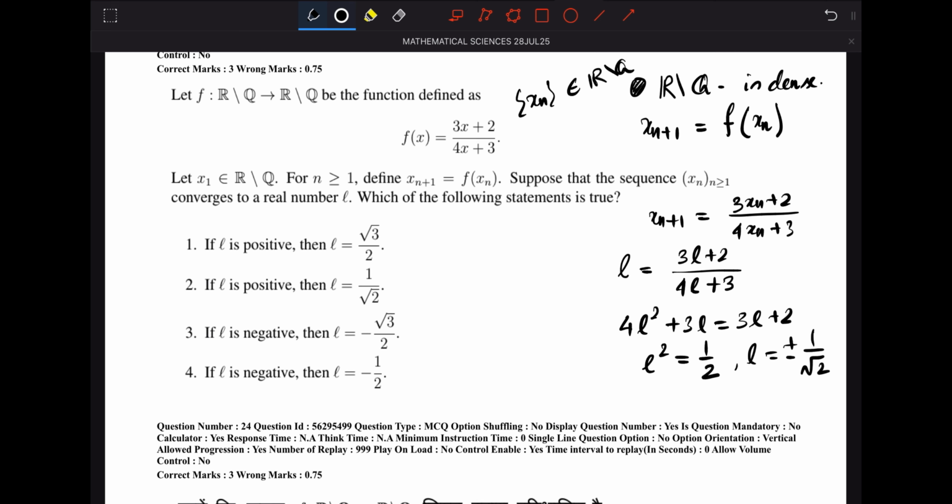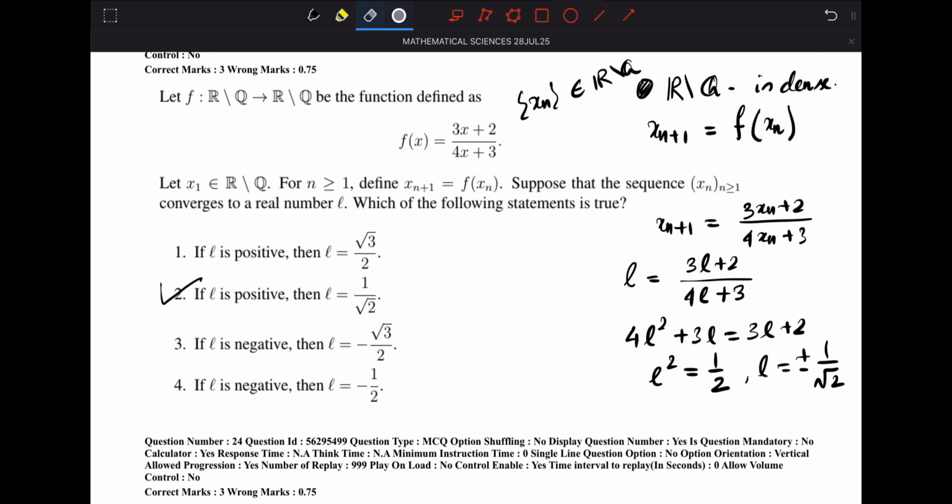If L is positive, then L equal to 1 by root 2. This answer is true.